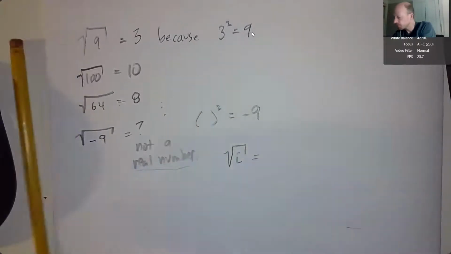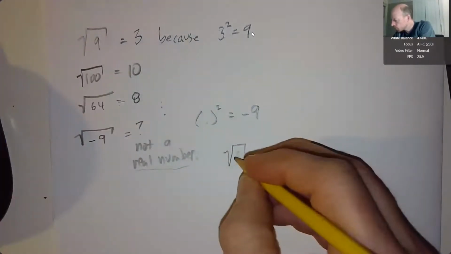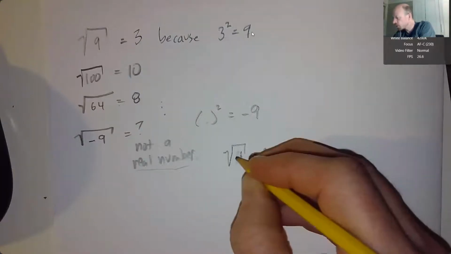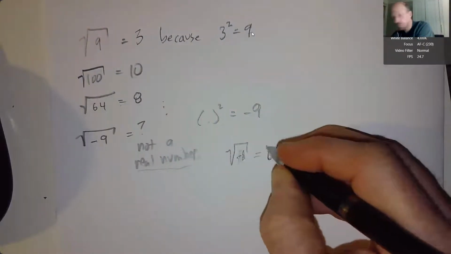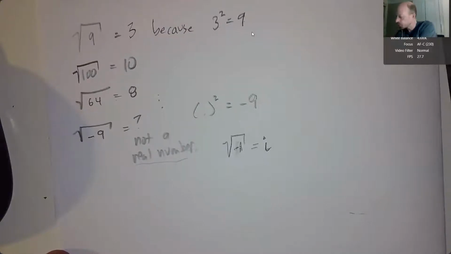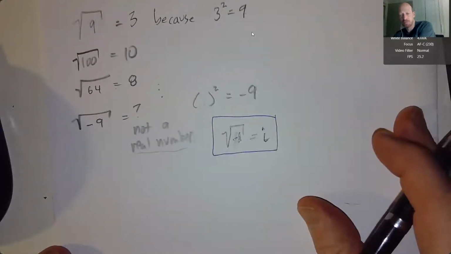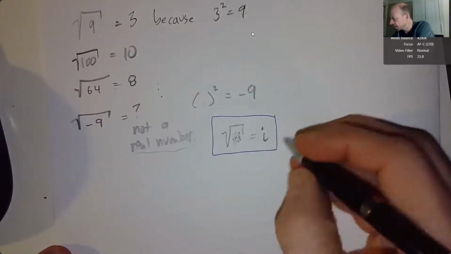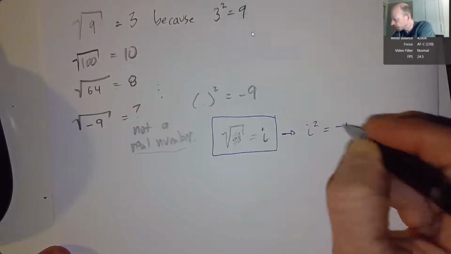Sorry, not the square root of I. Square root of -1, we're going to call this value i. Sorry, I don't love the way the pencil is showing up. Pen will be better. So this is our definition of what an imaginary unit is. The square root of -1 is i, and that means that if you square i, you should get -1.